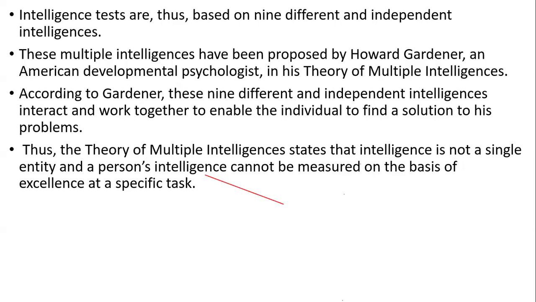Okay. After finishing this, I'll show you. These multiple intelligences have been proposed by Howard Gardner. He's an American psychologist. In his theory of multiple intelligences, he shows that there are 9 different independent intelligences that enable the individual to find solutions to his or her problems, right? So, wait, I will show you that.